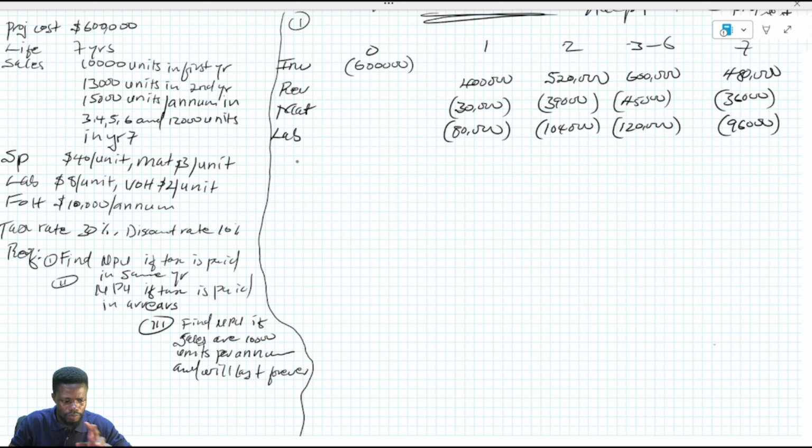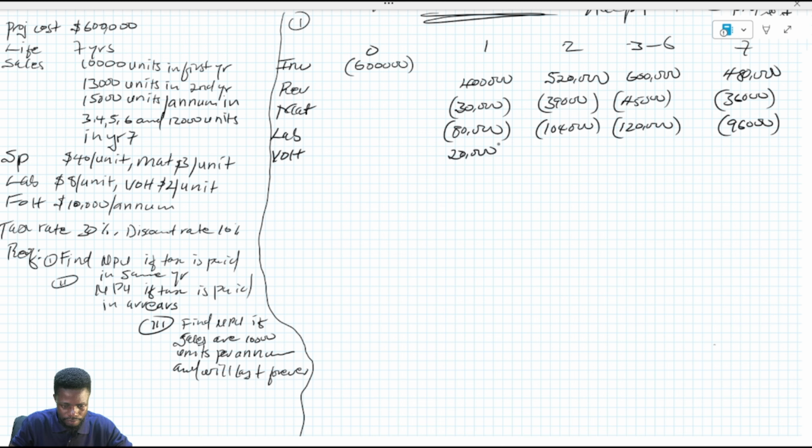Now, what's the next cost? You're done with labor. You look for the next cost, variable overheads. Variable overheads is $2 per unit. You take that same route, $2 per unit times year 1 unit, year 2 unit, year 3 to year 6 unit, and year 7 unit.